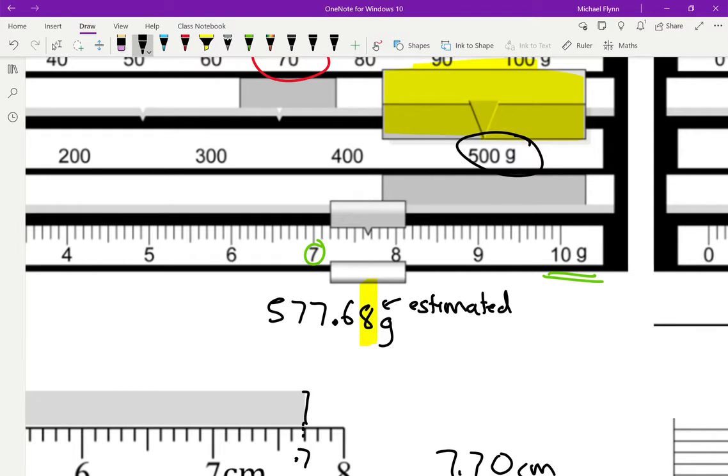So if it were right on the dot, for example, if it was exactly 577.6, and I thought it wasn't really in between, I would write 577.60 then. I would still write that last digit. In other words, this instrument is good up to 2 decimal places when you're measuring in grams like this.